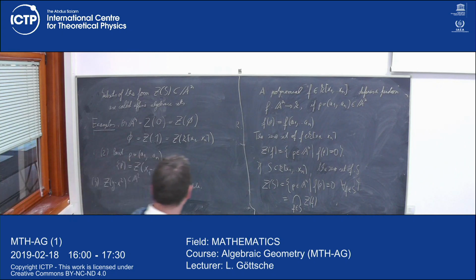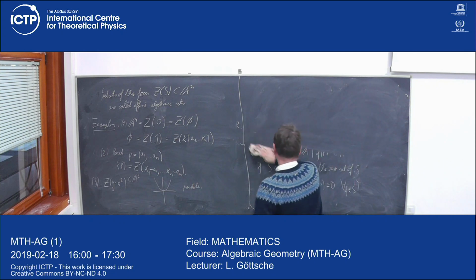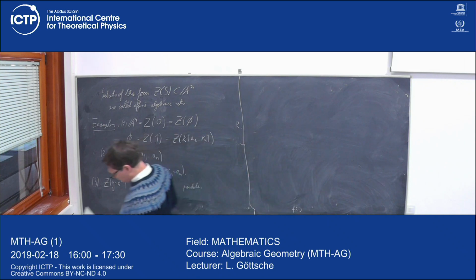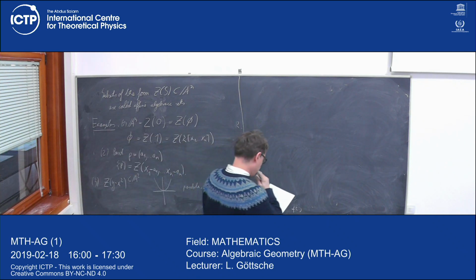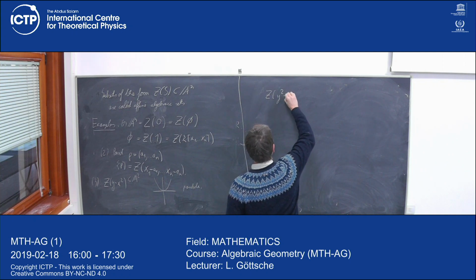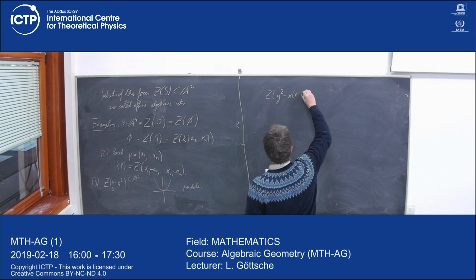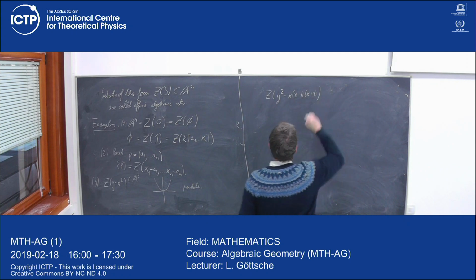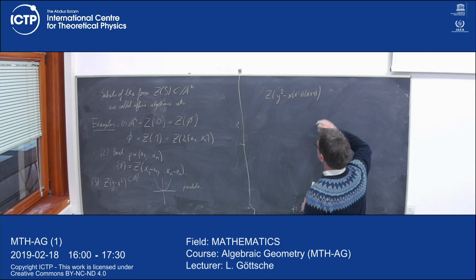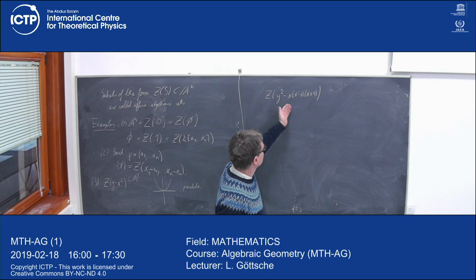Can look at some other such examples. For instance, if I look at the zero set of y squared minus x times (x minus 1) times (x plus 1), then how will this look? Again, let's look over the real numbers.